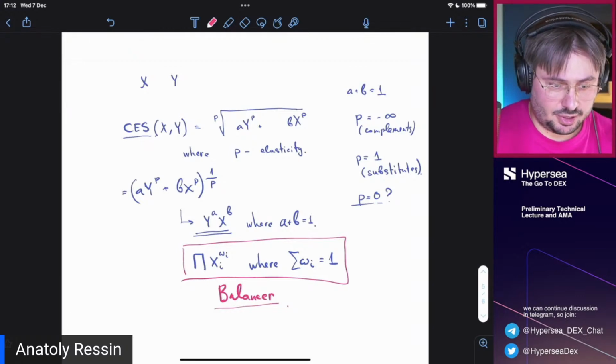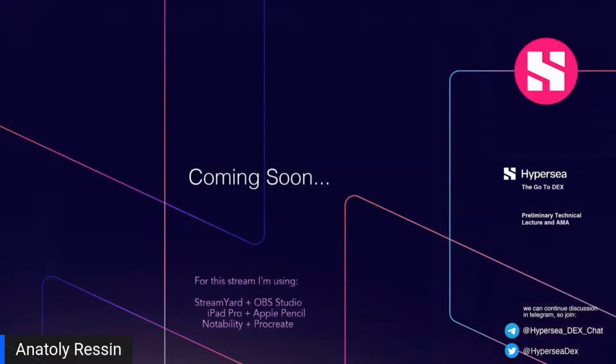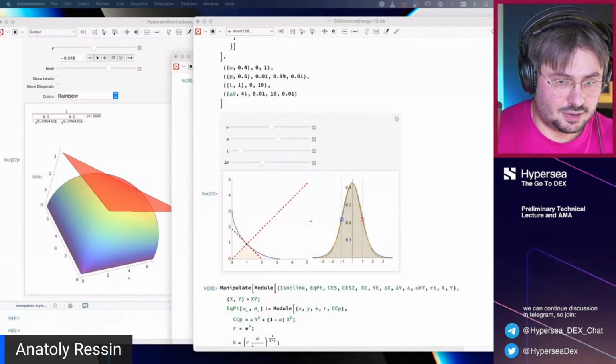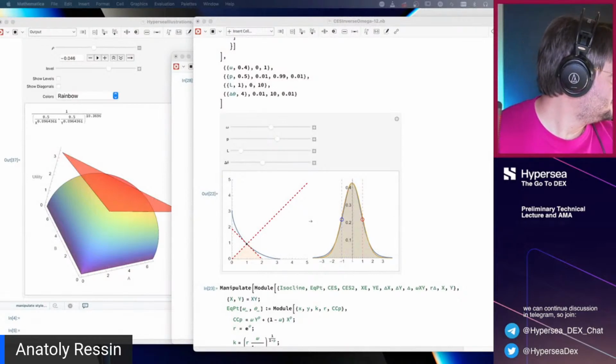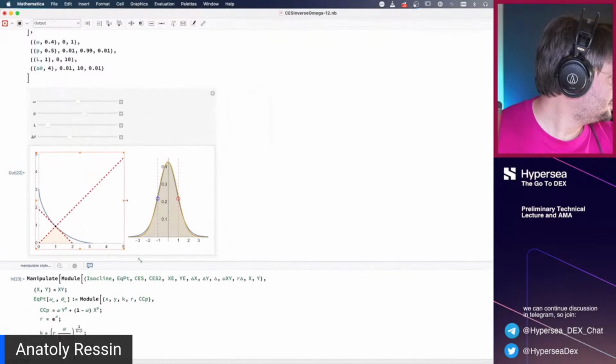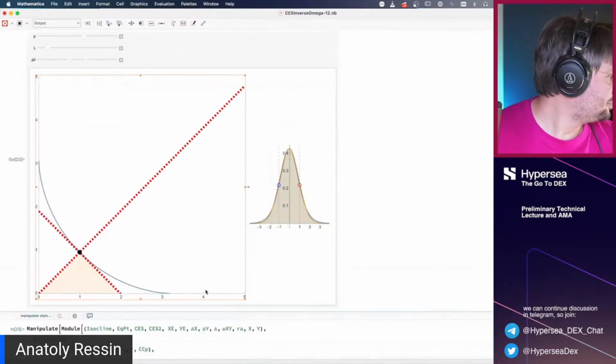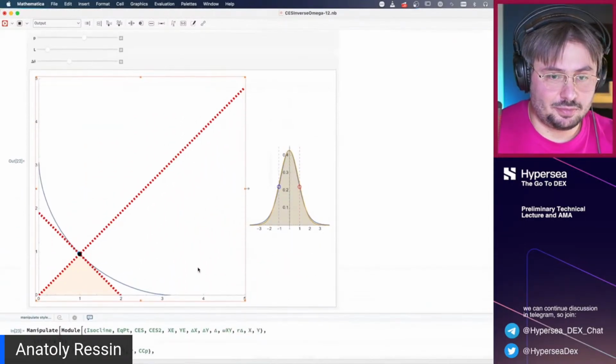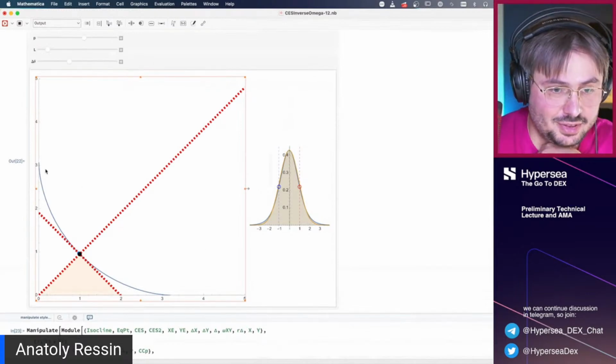So I believe I can show you this. In this way. So this is the formula.